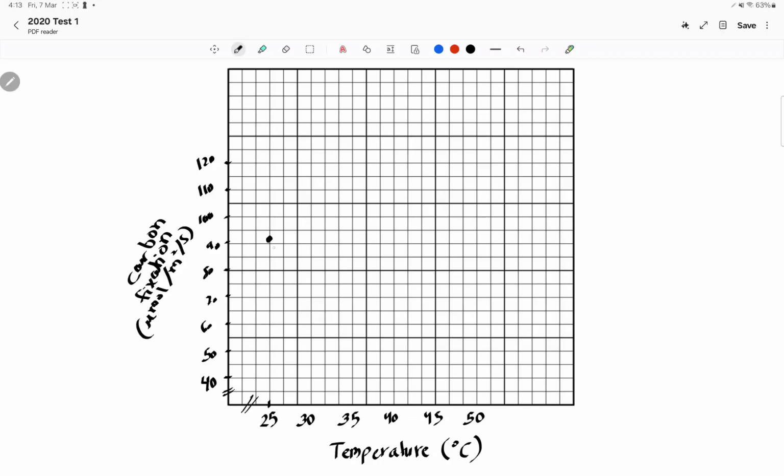And then you should do the plus and the minus, because we have to go up to 100 and as low as 82. That's the first point. The second point, 30 with 96, which is all the way here.